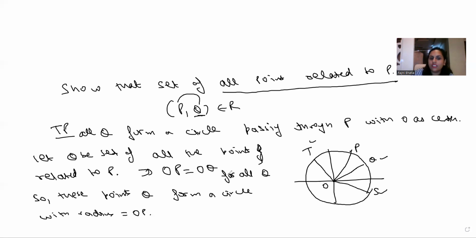And hence we can say that these points form a circle passing through the point P with O as the center. And hence proved.